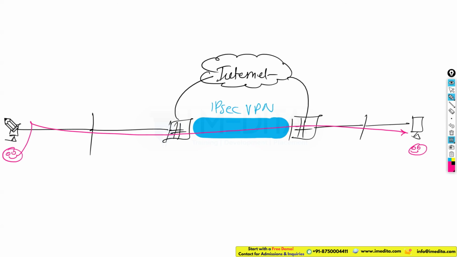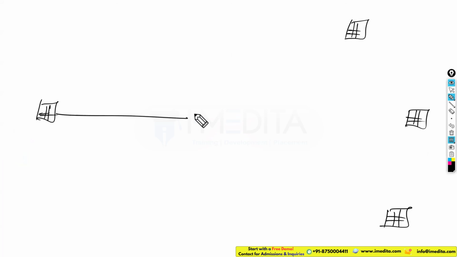So this is the purpose of your IPsec VPN or site-to-site VPN, which is configured firewall to firewall or firewall to router. You can configure site-to-site VPN between two branches, or if you have more branches like branch 1, branch 2, branch 3, branch 4, they are connected with internet.